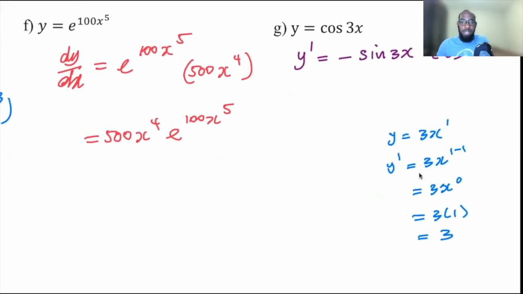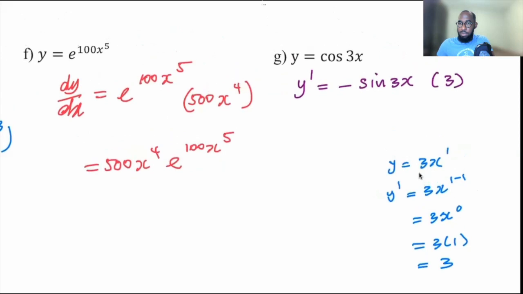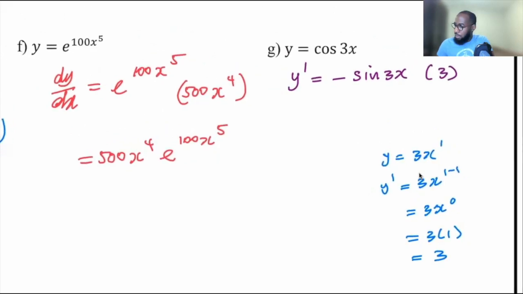Some working you need to do mentally, because if you put too much working on the paper, some questions are complicated. When you're doing product rule and quotient rule, too much working on that paper may confuse you, right? And some things are unnecessary to write down, all right? So erase this.